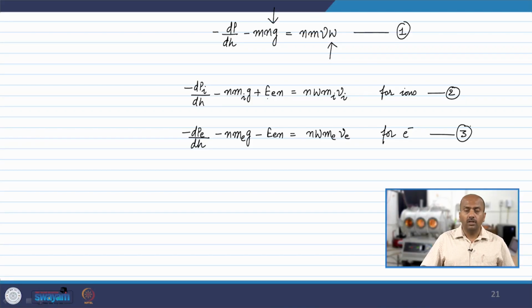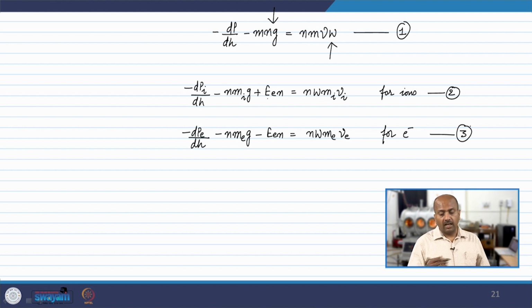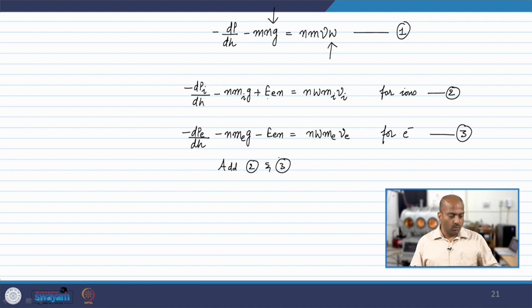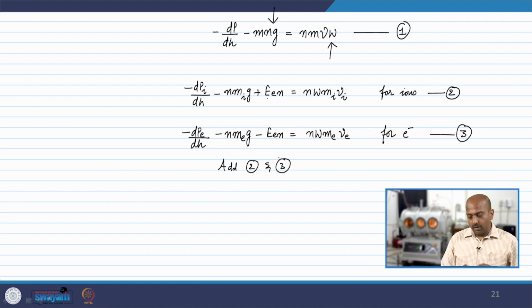In order to establish that thought, we have taken these mathematical equations. First is the simple equation of force balance, and since we are now adding an electric field, we have written two variations of that equation, right. Now, we are going to add equations 2 and 3 because we want to write down the equation for the entire plasma.